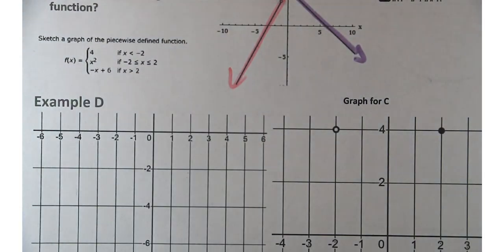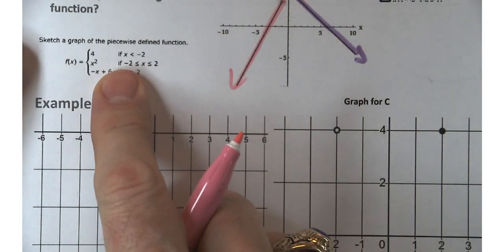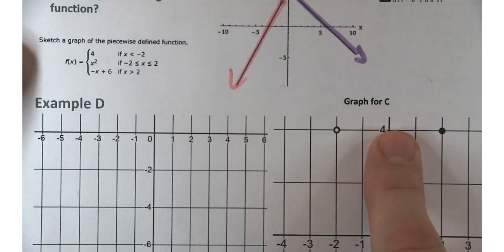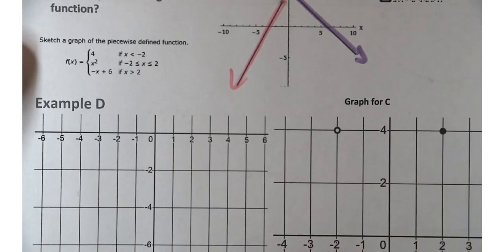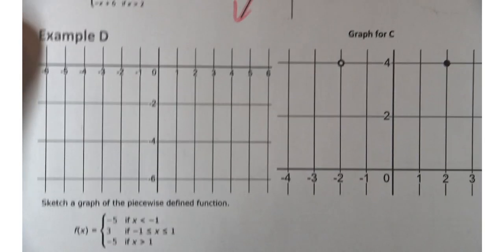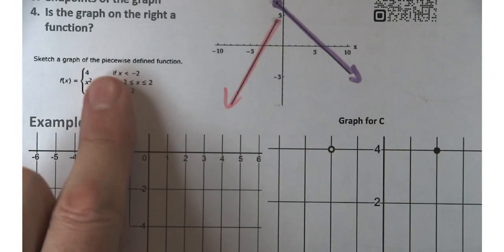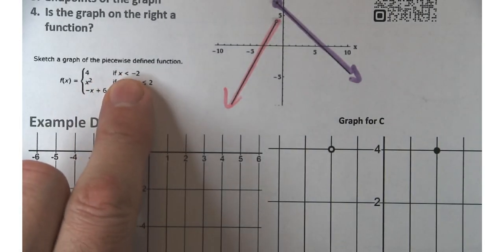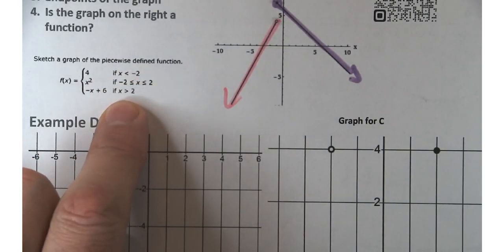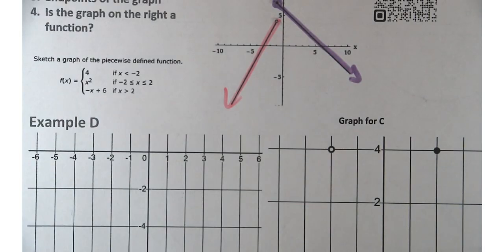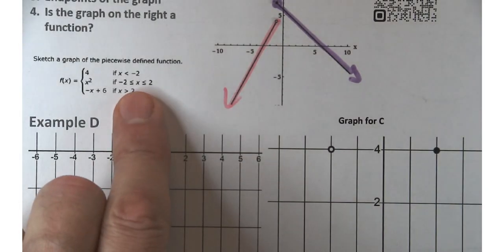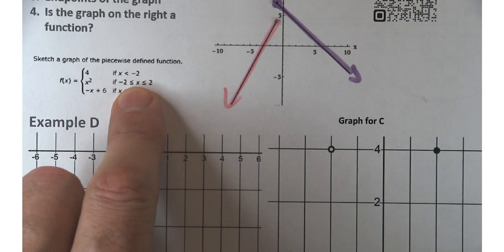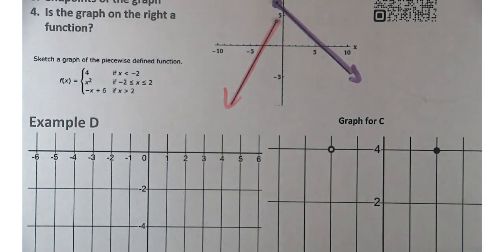Let's try a couple more. So we're going to sketch this graph over here, and this one goes up here. So let's start with this one. The top part and the bottom part are okay, but this one in between requires a little bit of extra care. We did something like this the other day.